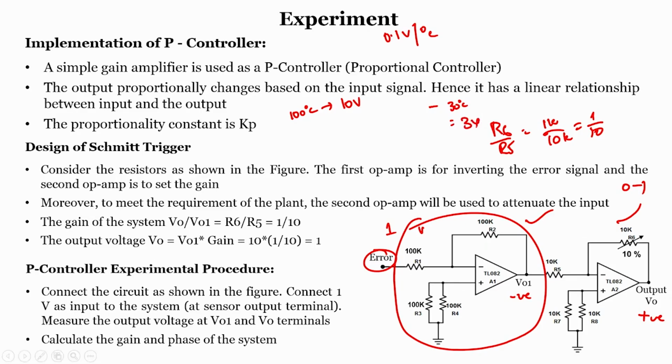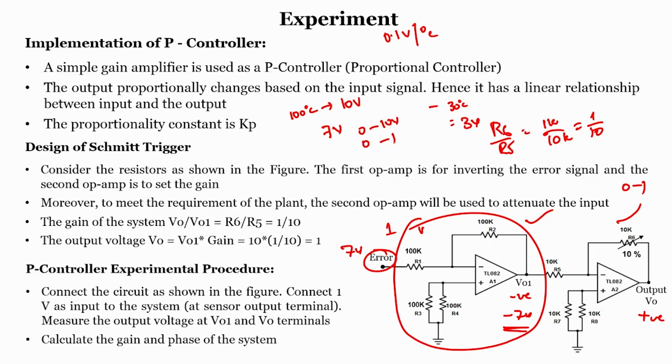Now, what is the difference? The difference between 10 and 3 is 7 volts, which is the error. When I apply 7 volts here, the gain is 1, so we will get an output of minus 7. But I cannot give 7 volts as an input to the system. So the complete range of 0 to 10 volts I have to convert to 0 to 1 volt.